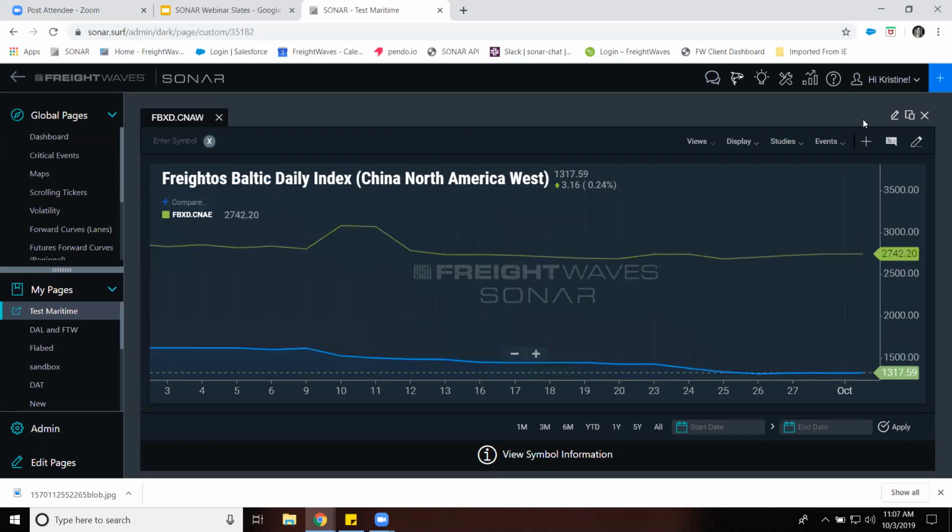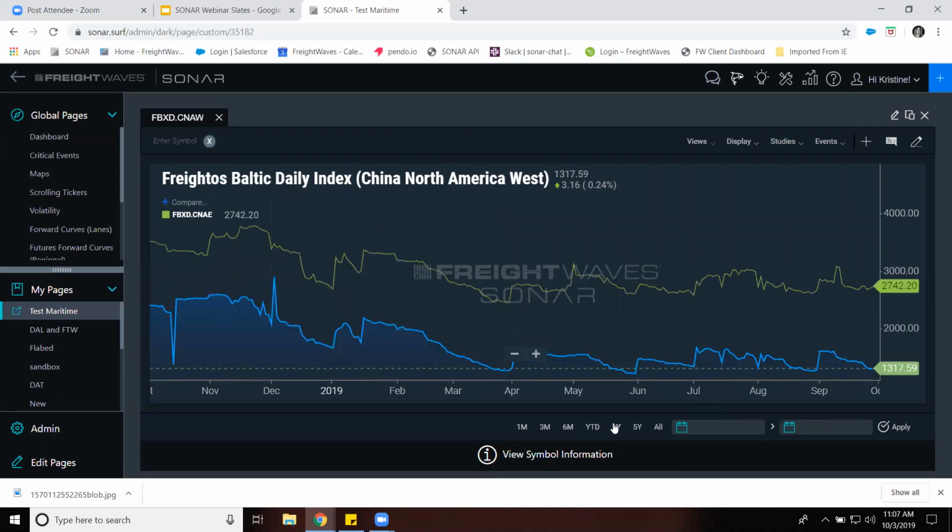So we'll populate this in there. And obviously you see the rate is higher. So if you're looking at that on a year, you see they move together. But there is quite a bit of difference between the rate to the West Coast and the rate to the East Coast.